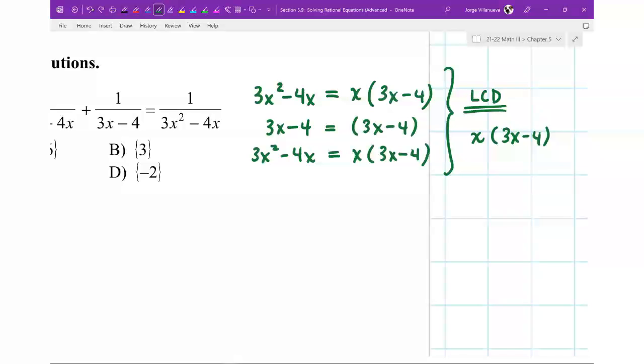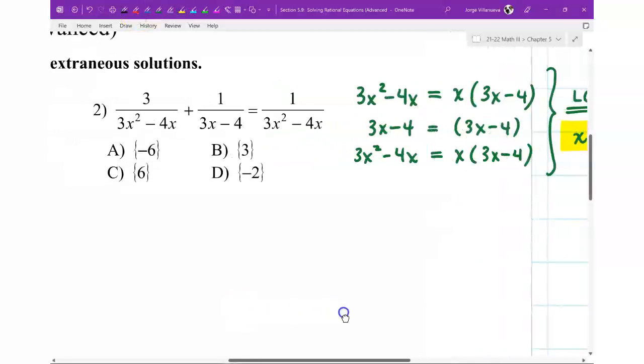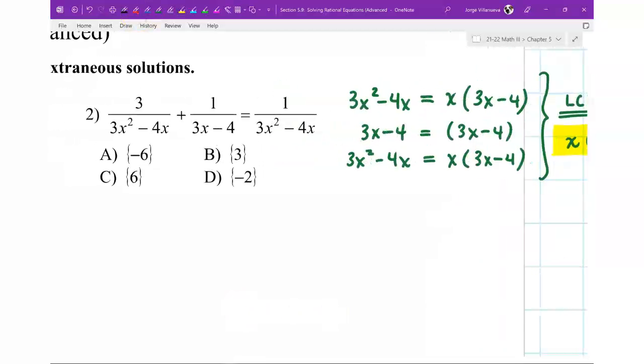So what do I do with this? Well, first off, let me rewrite. I'm going to highlight this so we know this is important to us. Let me rewrite the problem, but in factored form.